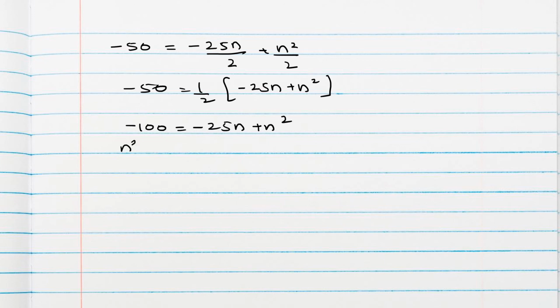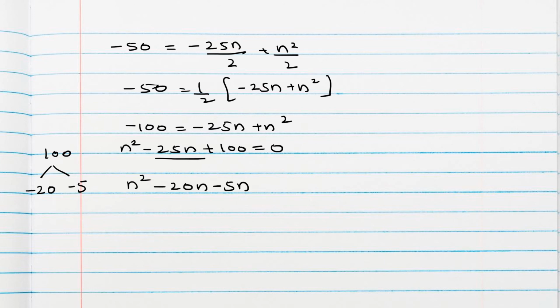Rearrange the terms to get one quadratic equation. So this minus 100 we can shift here. Now product should be 100 and sum should be minus 25. So we know minus 20 and minus 5 will give product 100 and sum minus 25. So n square minus 20n minus 5n plus 100.